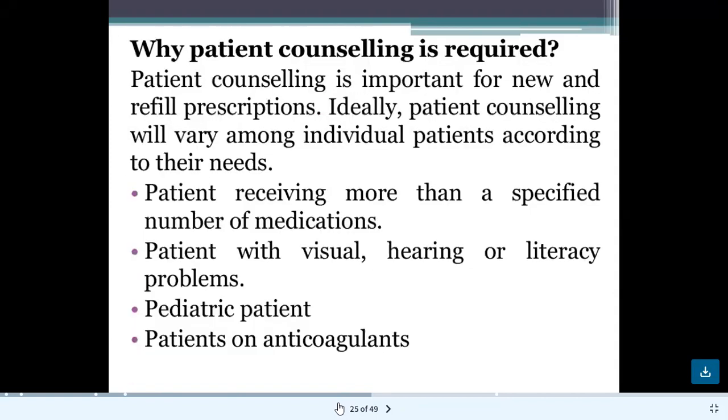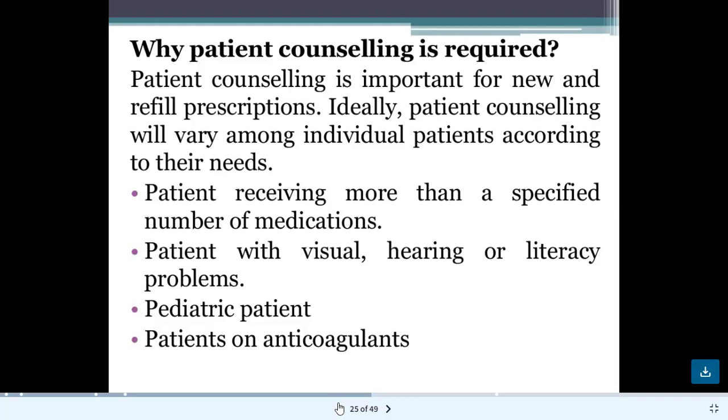Why patient counseling is required? Patient counseling is important for new and refill prescriptions.